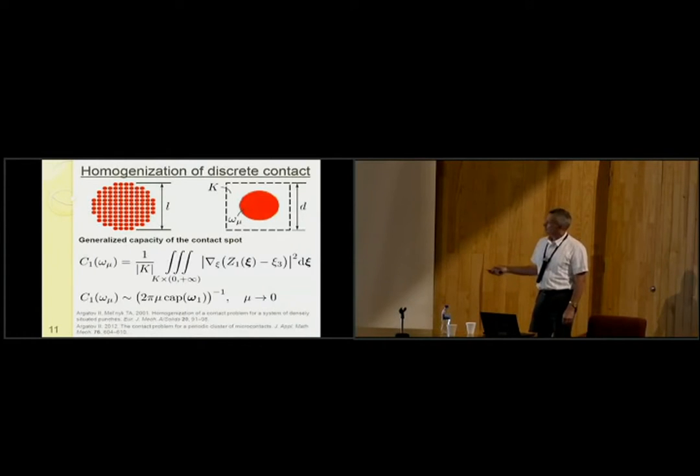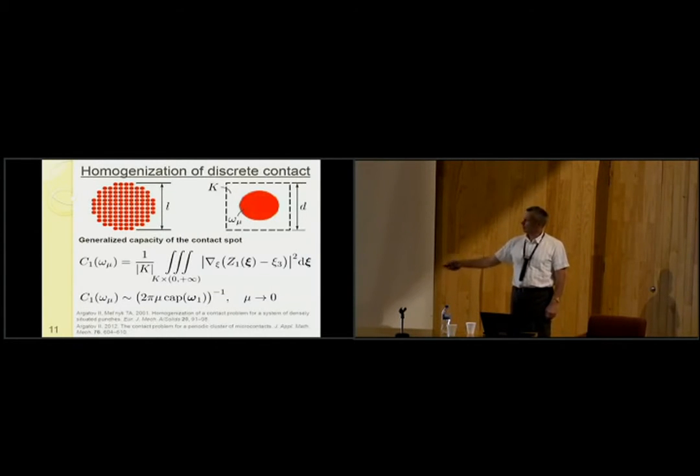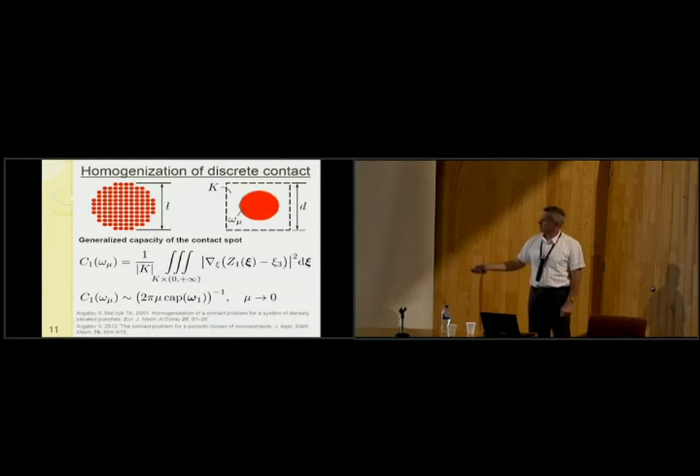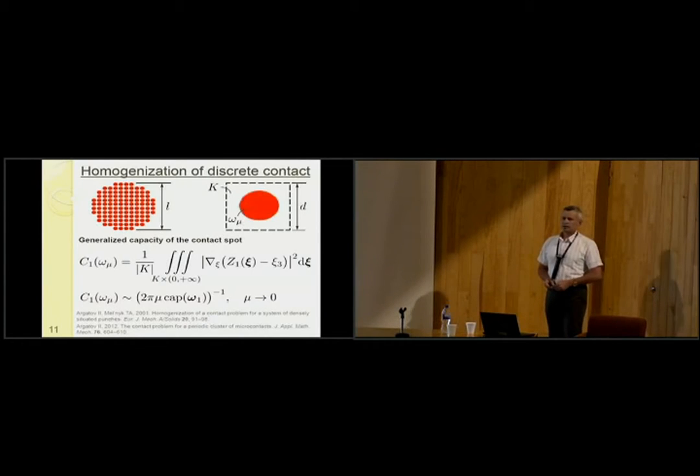And this capacity is related to harmonic capacity asymptotically according to this formula. And if the size of the contact spot compared to the size of the cell comes to 0, this characteristic becomes singular, and another approach should be developed.